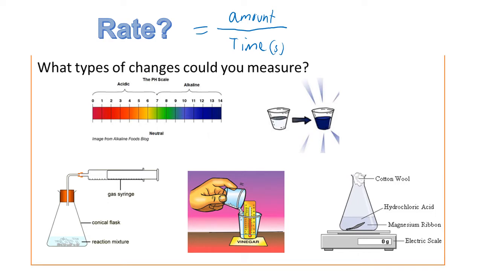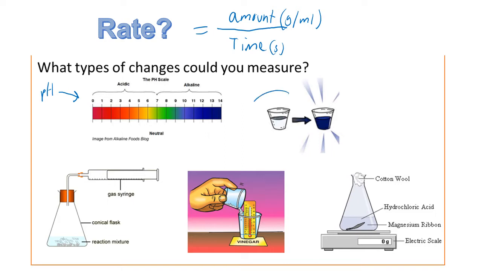Amount could be in grams, it could be in milliliters of gas produced, could be something else. On this page, it's just the main ways. You don't need to draw all of these, but a reaction could change the pH. It could go from being acid to alkali or vice versa.